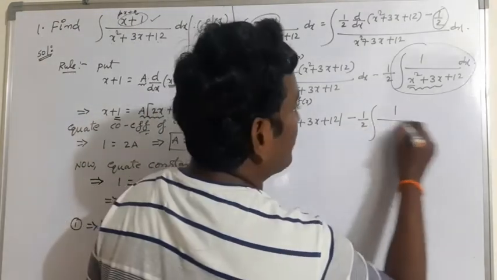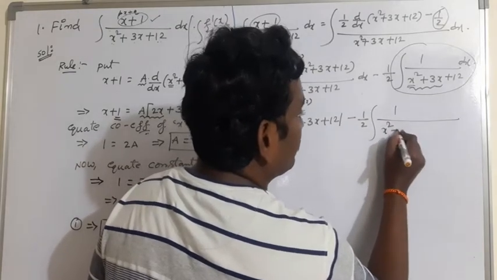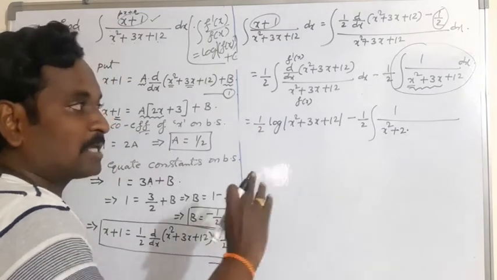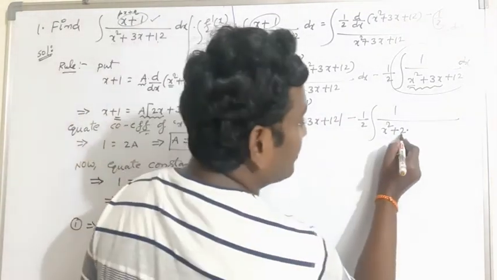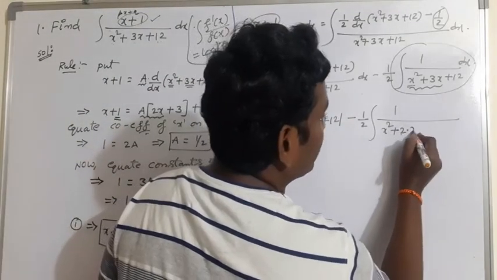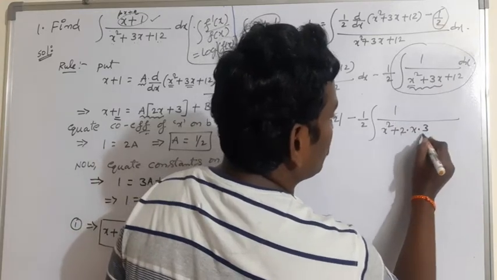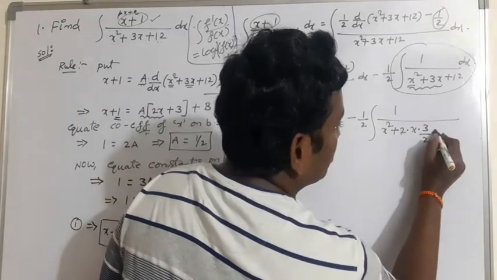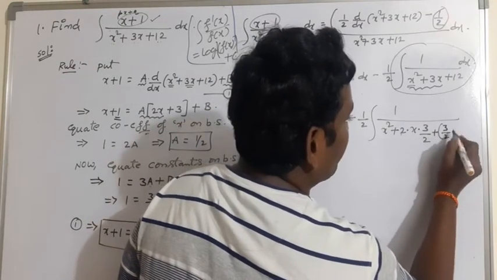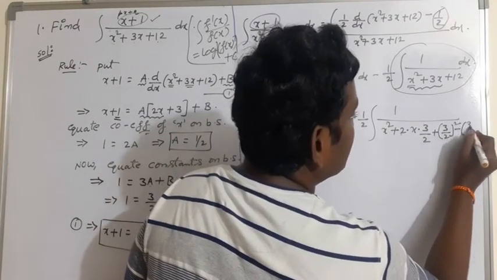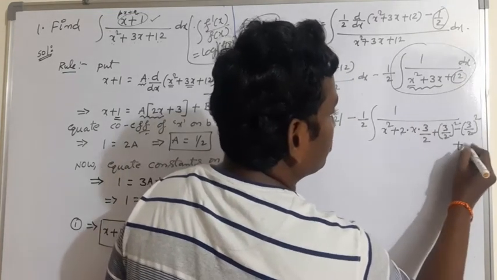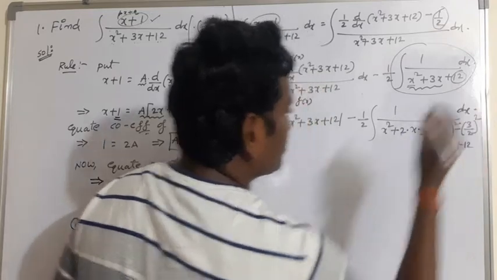So the integration of 1 by x square plus, multiply with 2 for the formula a square plus 2ab, that's why you should multiply with 2 and divide with 2. x into, already 3 is there, so you should write 3 by 2 here. Next we need 3 by 2 whole square, so subtract 3 by 2 whole square, plus the balance term 12, into dx.